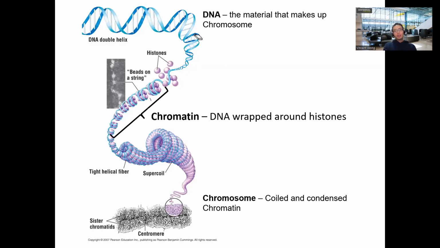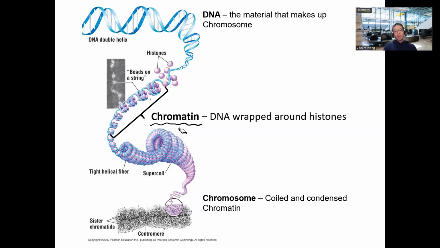When you wrap the DNA around proteins, you get what's called chromatin. These are a more compact version of the DNA. And when you are about to undergo mitosis, when you're about to do the cell division, we need to take the chromatin and condense it even further so that we can move it around in the cell without having to worry about tangling it up and breaking it.